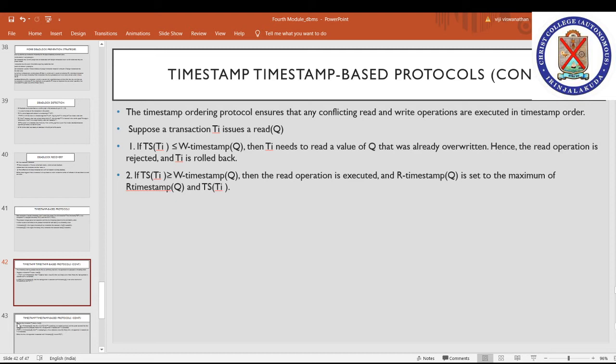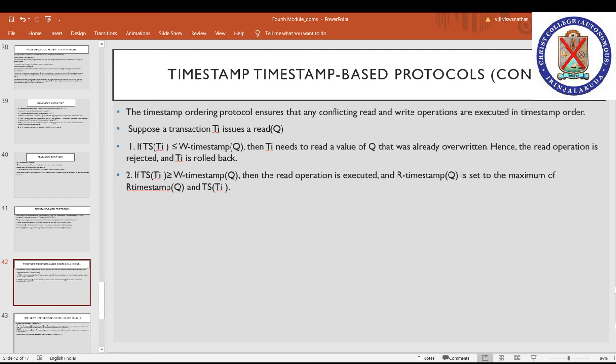Suppose Ti issues a read(Q). If the timestamp of Ti is less than the write timestamp of Q, then Ti needs a read value of Q that was already overwritten. Hence, the read operation is rejected and Ti is rolled back.